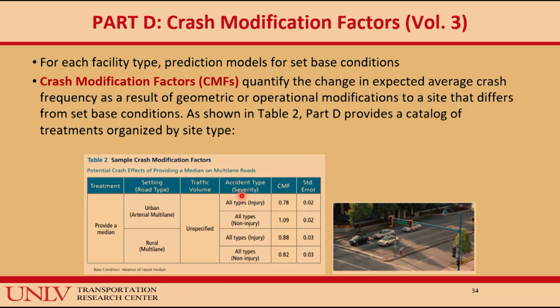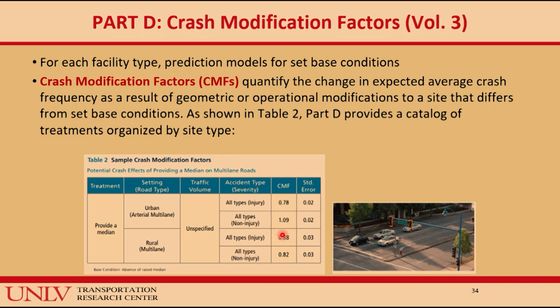And so what we have here is the crash type, severity type. For all types, the crash modification factor is 0.78. For all types of injury, non-injury, it is 1.09. For urban, rural, all types of injuries is 0.88, non-injury is 0.82.